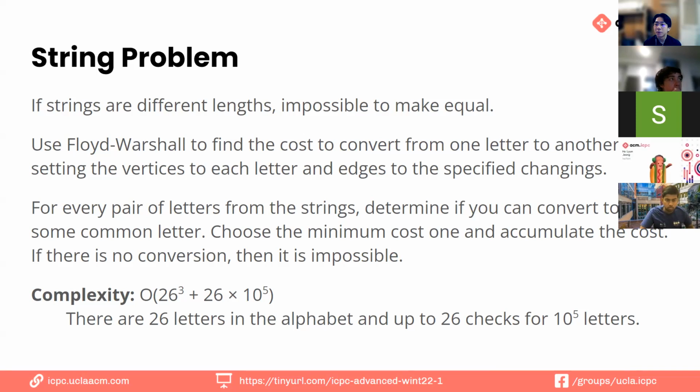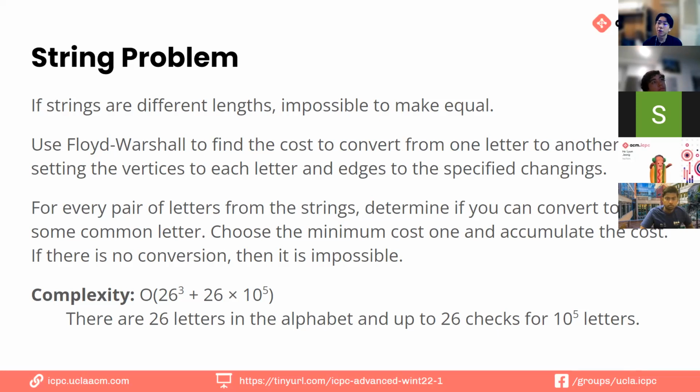This is definitely something you want to pre-compute, because if you do that for each one of the characters in the string, it's going to be a lot slower. But since it's the same across all the characters, we can do it once, right in the very beginning. Then we iterate over the string, and for every pair of letters, we want to see the minimum cost to have them be equal characters.